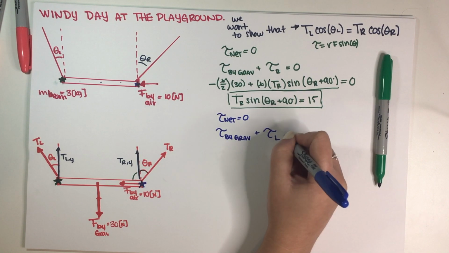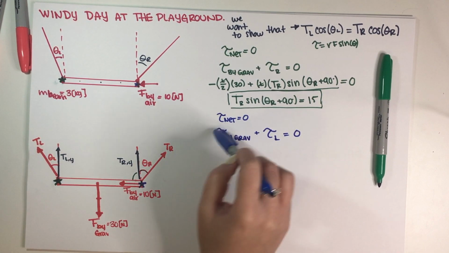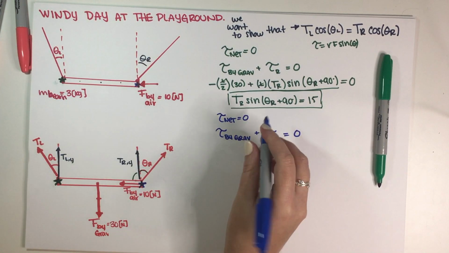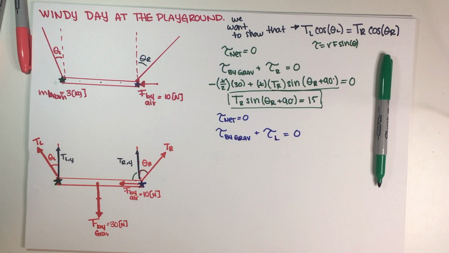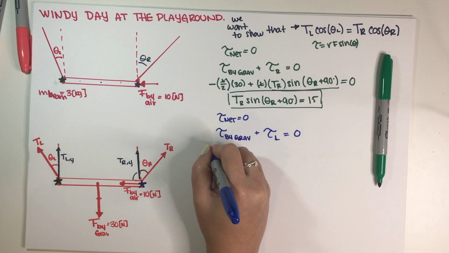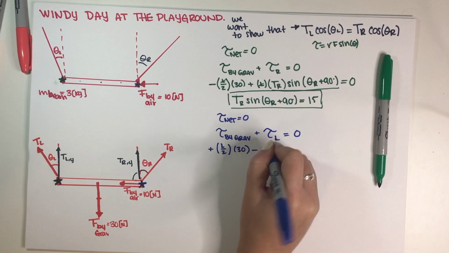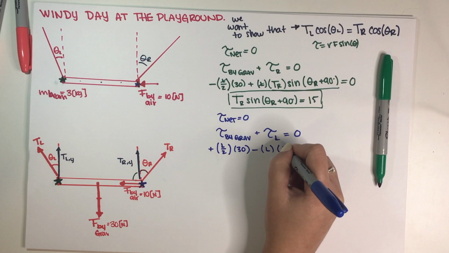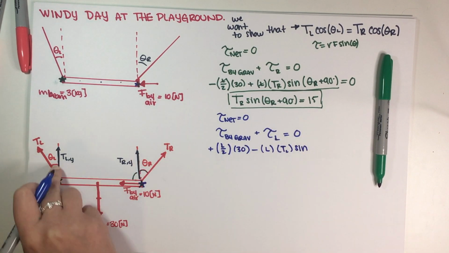So this would be left, and they have to be equal to 0. Now, using the right hand rule, this torque is going out of the page, and this torque is going into the page. So let's write that in terms of r F sine of the angle. Torque by gravity is going to be plus L halves times 30. Torque by this left string is going to be L TL sine of not just this angle.